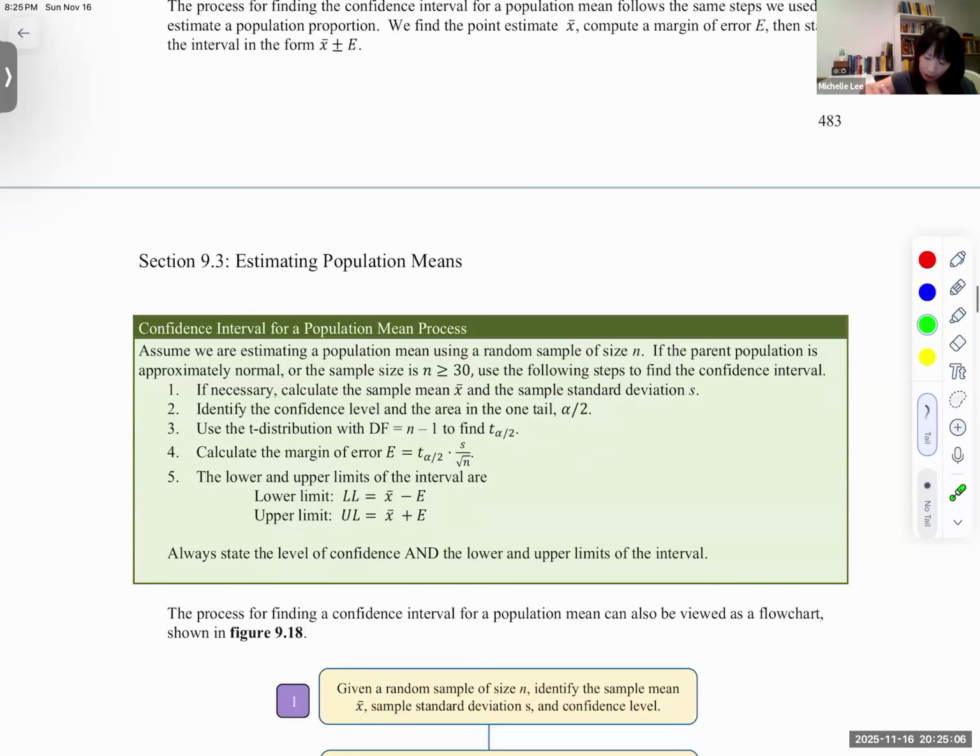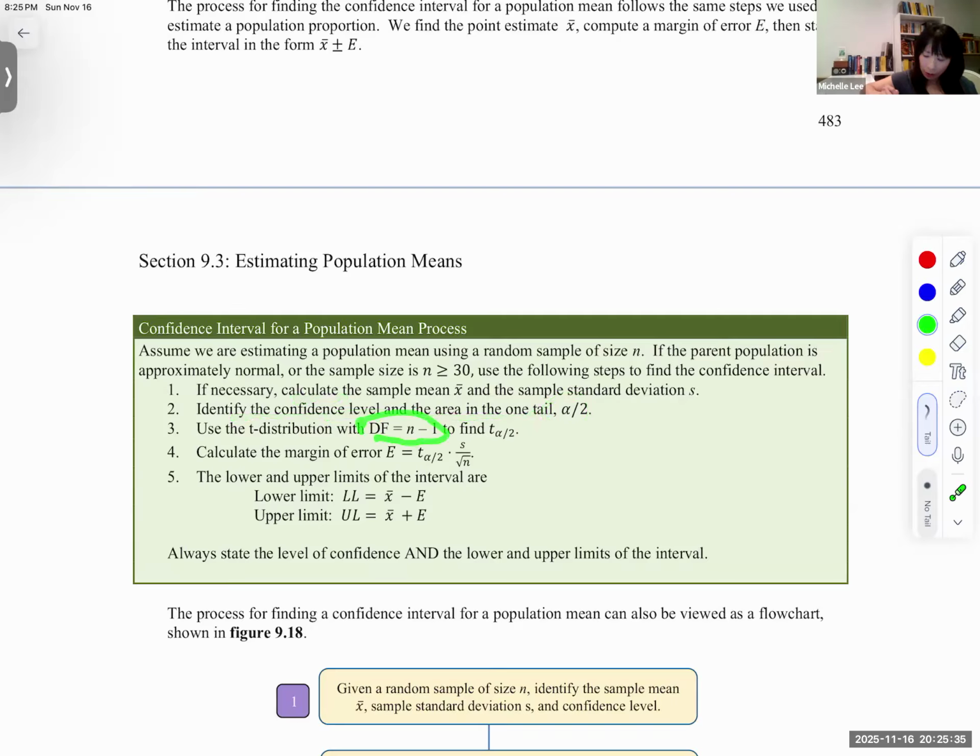And then the sample mean, export, and the sample standard deviation, calculate if we need. And then identify the confidence level, and then the t distribution, t score, t value, alpha over 2, right?